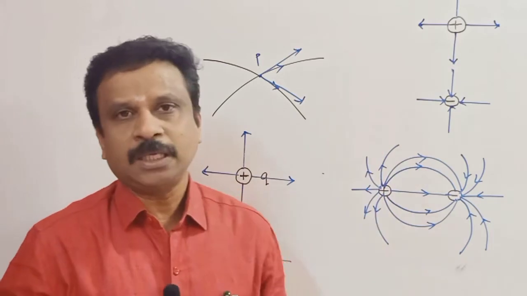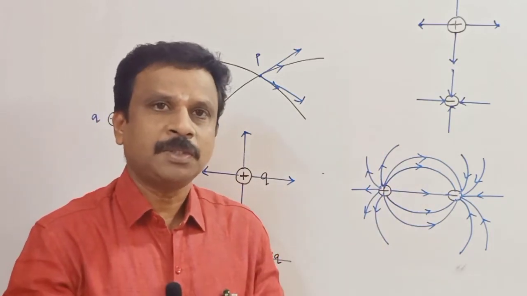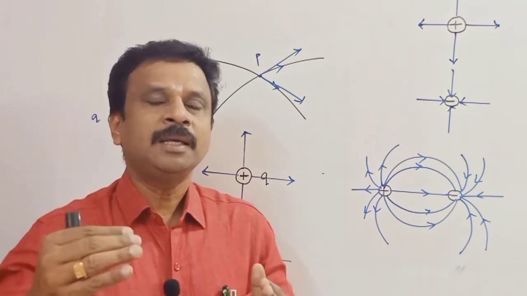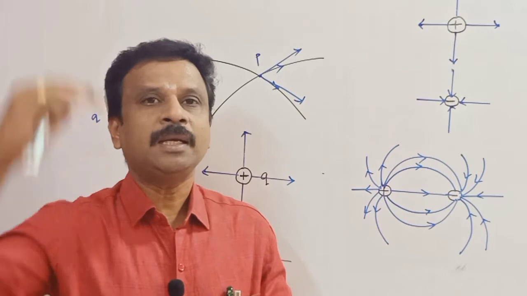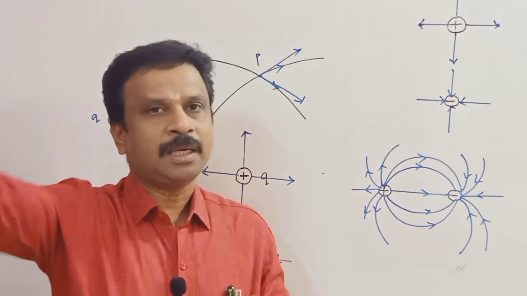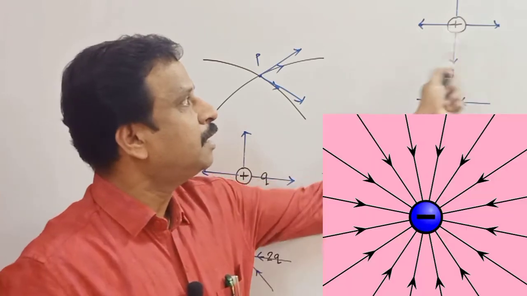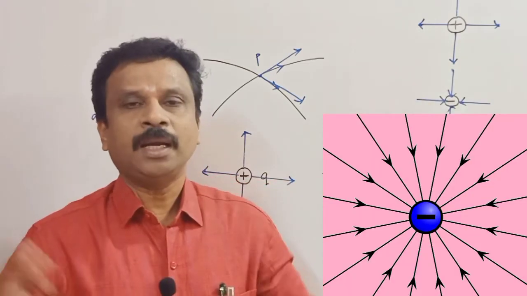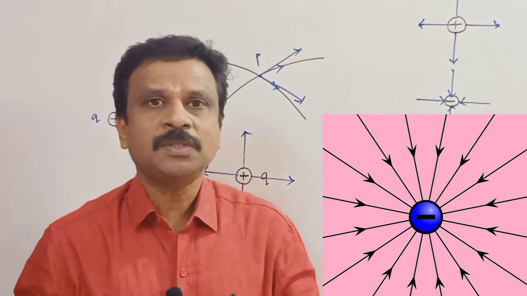In the case of a positive charge, the electric field lines will originate from the positive charge and terminate at a negative charge if any is nearby, otherwise they will end at infinity. Here the direction is marked radially outward. In the case of a negative charge, what happens?